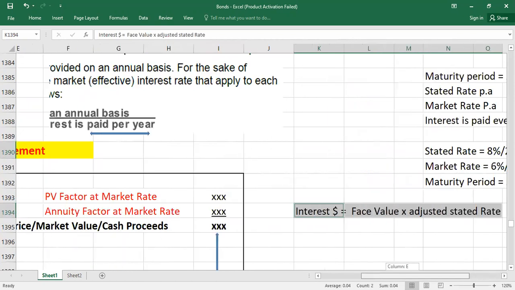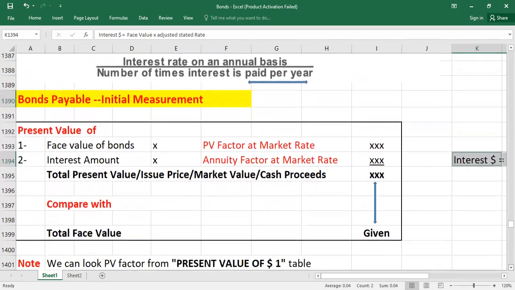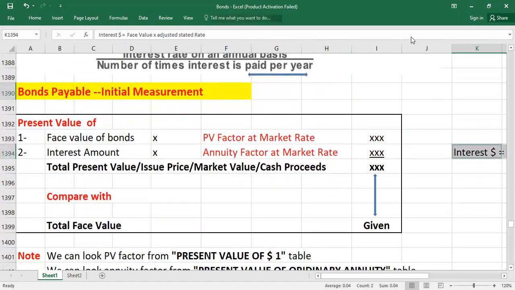Now the question is, when you want to issue the bonds initially at the date of issuance, first we need to decide whether to issue the bonds at par, at premium or at discount.